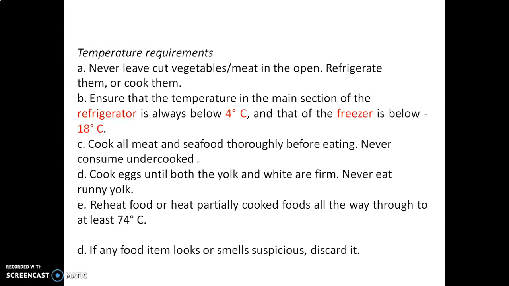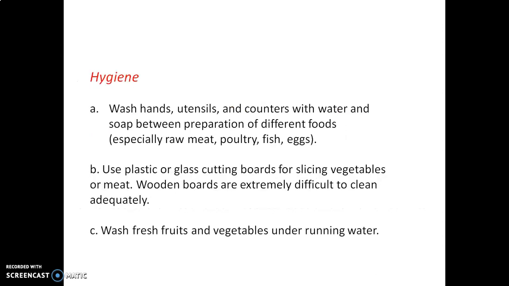Cook eggs until both the yolk and white are firm. Never eat runny yolk. Reheat food or heat partially cooked food all the way through to at least 74 degrees centigrade. If any food item looks or smells suspicious, discard it. It should not be used.